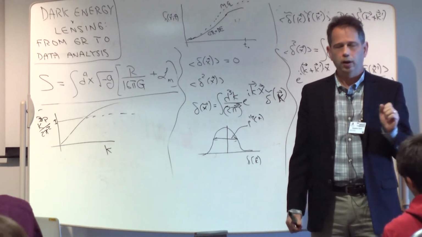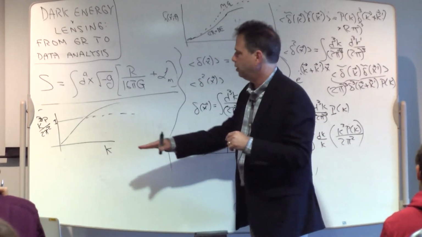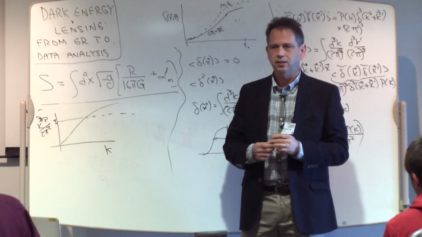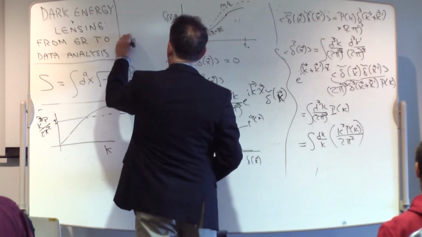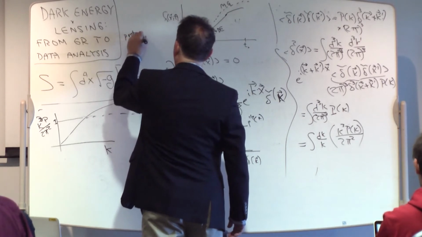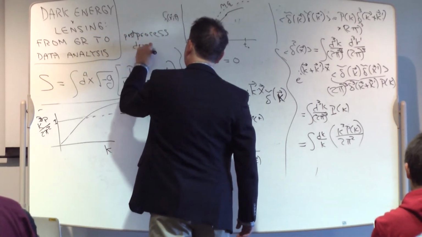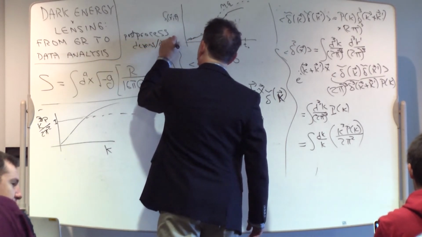Okay, so in demo 1, you should be able to generate the power spectrum and see what it looks like. So if you type post-process demos demo 1, you might have already done this.